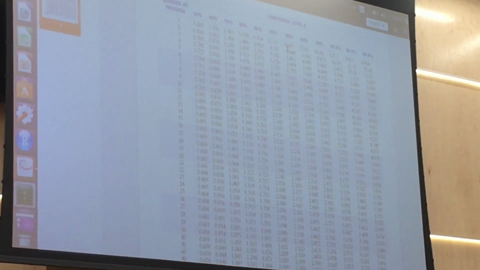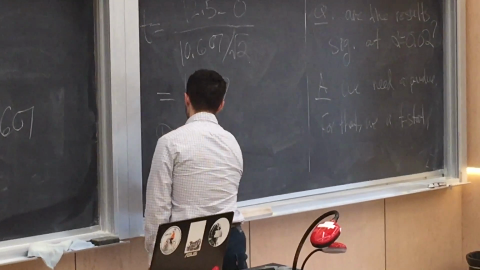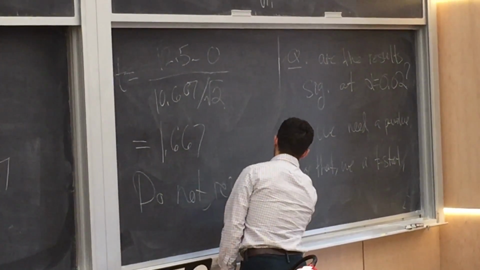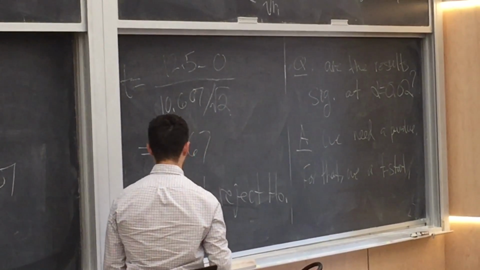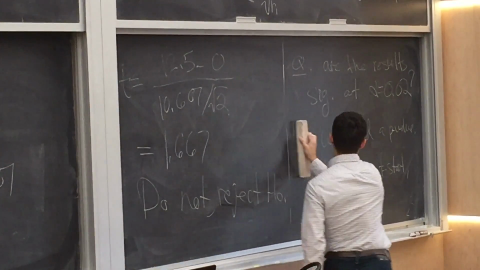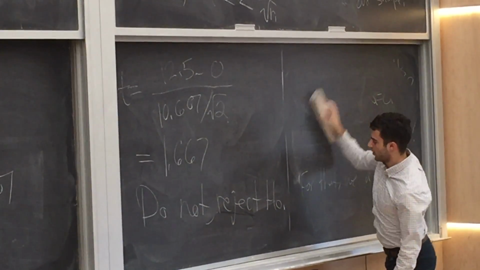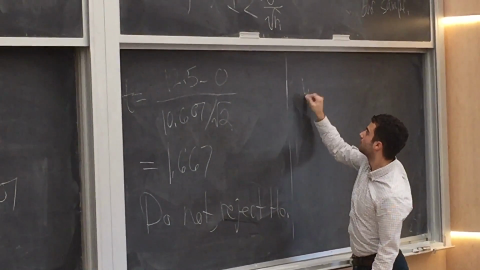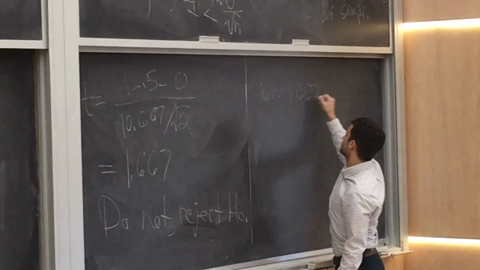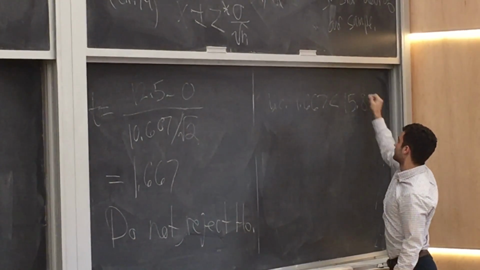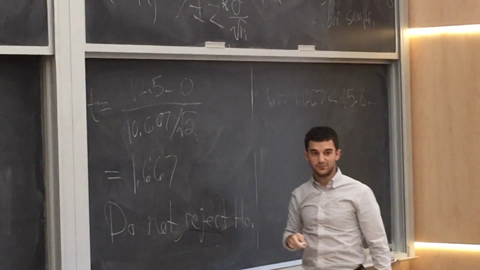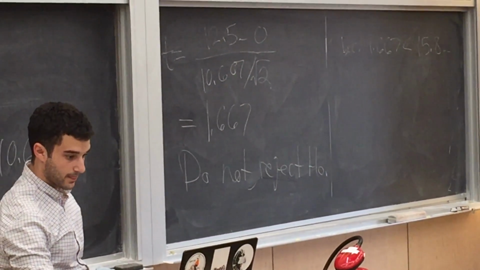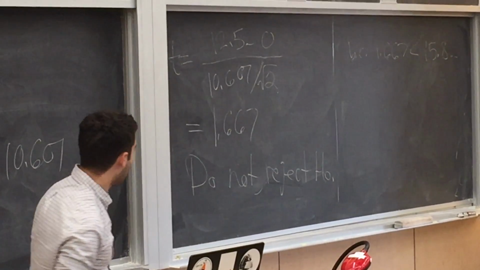So we do not reject H0 because 1.6 is less than 15.8. Your 15.8 is your t star? Yeah, it's the t star.